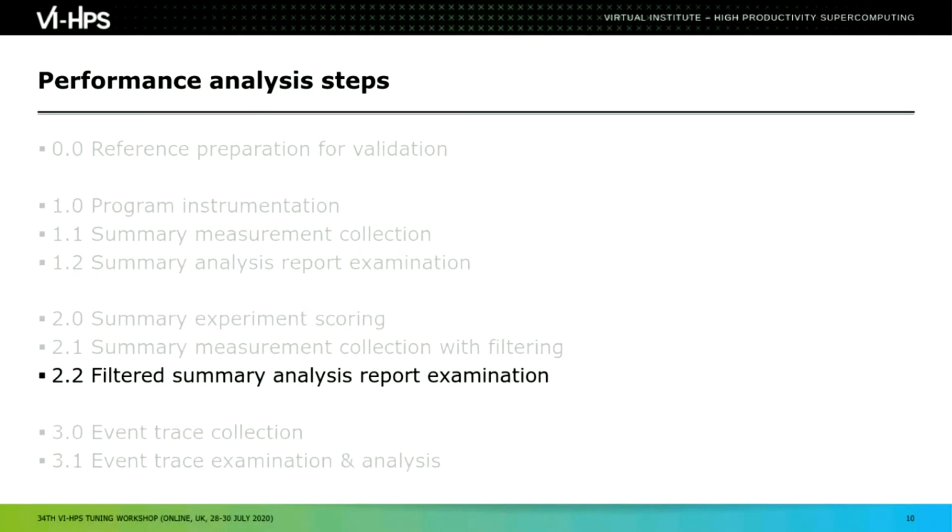We've done some scoring and filtering to optimize the measurement configuration and get us to an execution configuration that is more appropriate not only for summary measurement analysis, but also for the trace analysis. So I'll quickly review that before we go on. But ultimately, we'll use the same executable and then continue with the part at the bottom here, which is looking at the trace collection and the trace analysis.